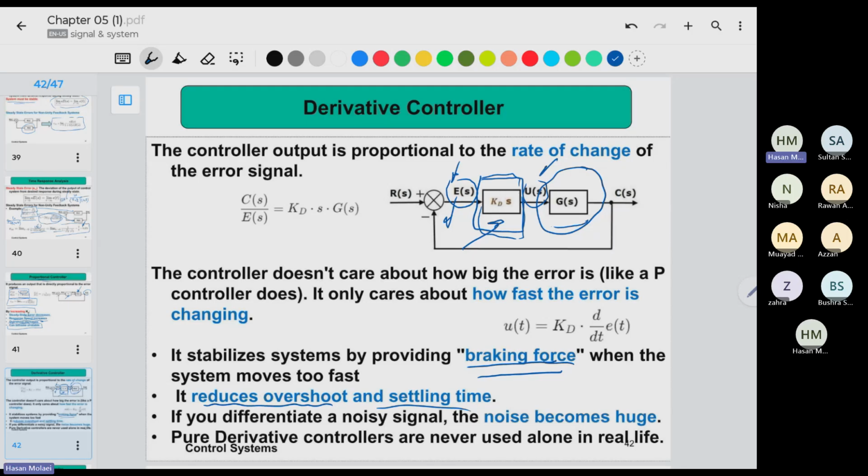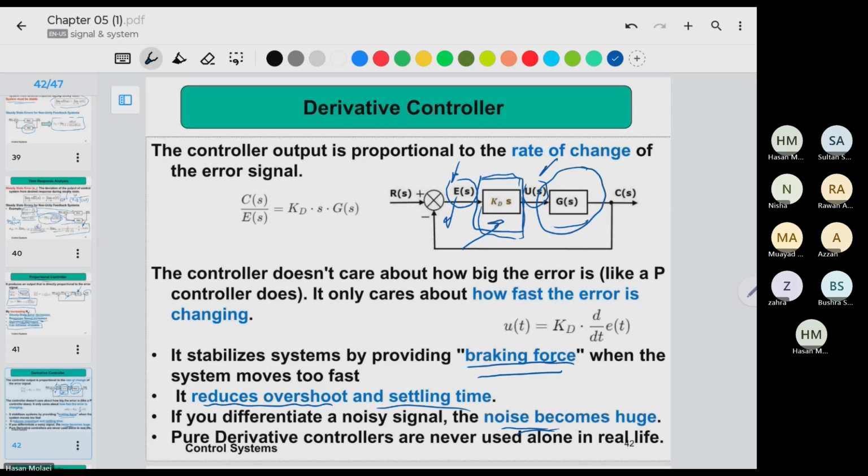And there is one problem with these derivative controllers, which is due to the noise. All systems have some noise from every point, and the noise is basically unknown signals coming into your system, right? And they have different frequencies. Noise is not just DC, it has every frequency.